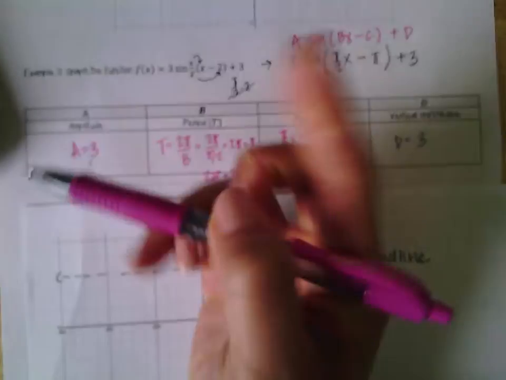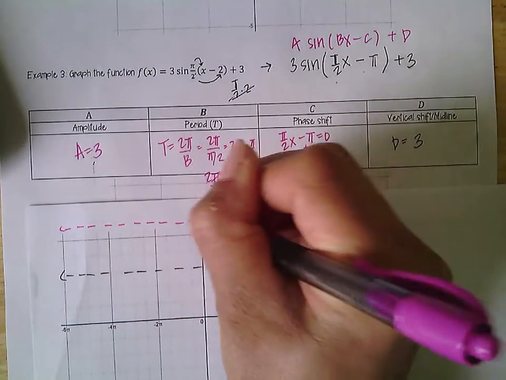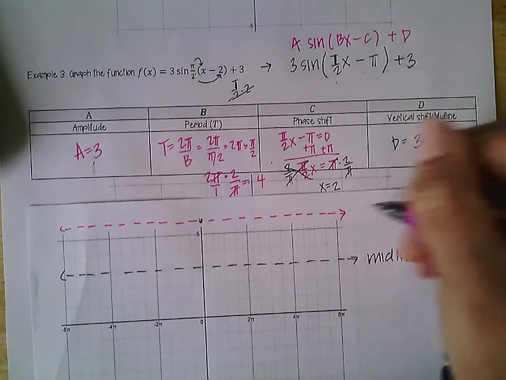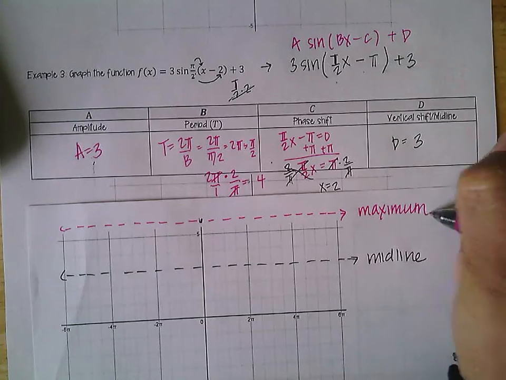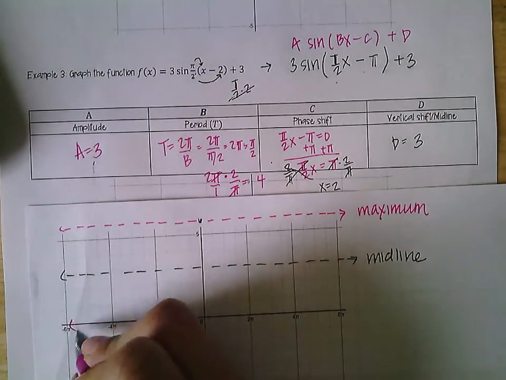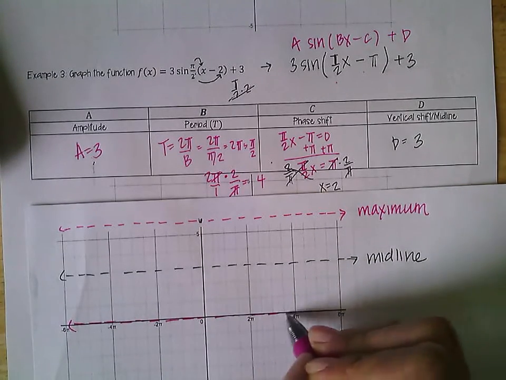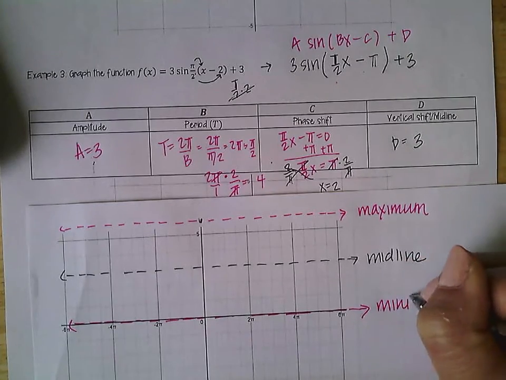This is going to represent the top half of my sine sandwich. The top template is also known as the maximum. From the midline, I'm also going to go down 3, which will give me a line right at the x-axis. This is the bottom half of my sandwich, and that is also called my minimum.